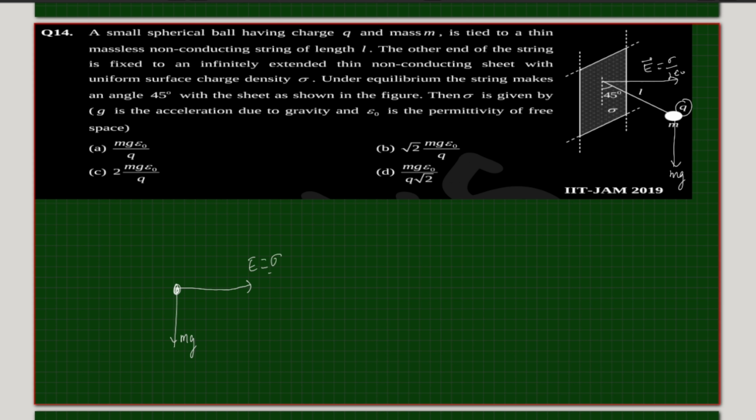Due to this electric field, the force will be q sigma over 2 epsilon naught. So there are two forces basically acting, one downward, another in the horizontal direction, and as a result of these forces, mass m is hanging, and this angle is given, that is 45.